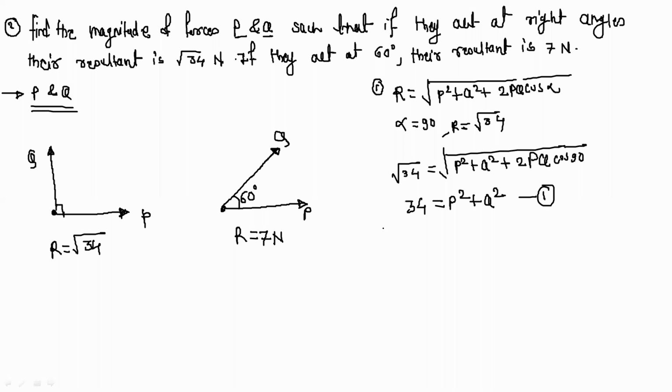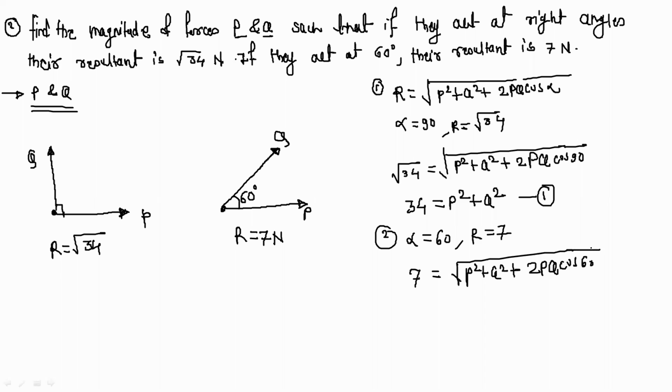Now consider the second condition. For the second condition, alpha is equal to 60 and R is equal to 7 Newton. So you can write the same formula; I will put the values directly. R is equal to 7, it is equal to square root of P square plus Q square plus 2PQ cos of 60. So you can find the value of cos 60.